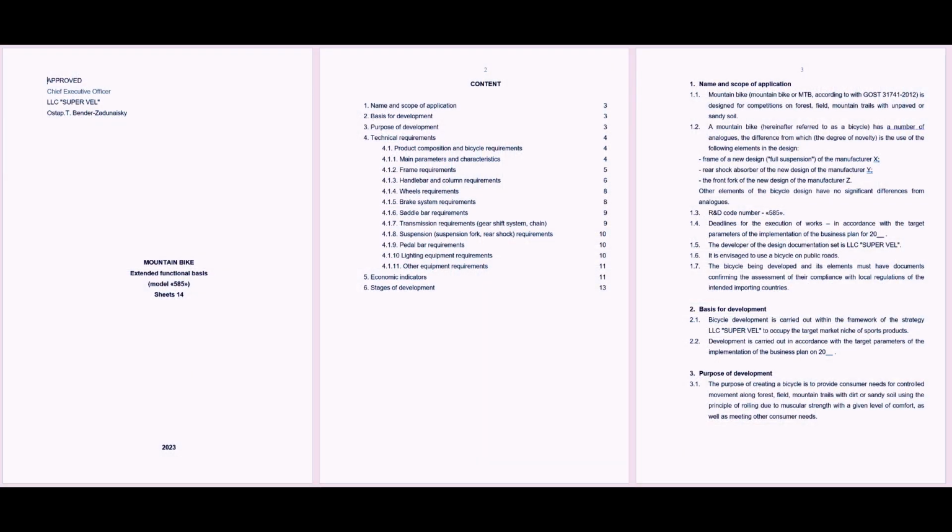Indeed, the sections of the extended text functional basis are completely similar in degree of detail to the sections name and scope, basis for development, and purpose of development of the technical assignment, and can either serve as a foundation for the formation of the technical assignment at the early stages of the project, or can be used to verify the technical assignment during their parallel development.